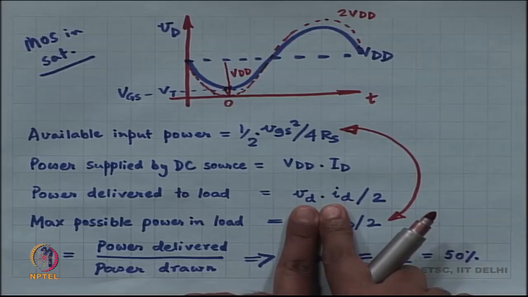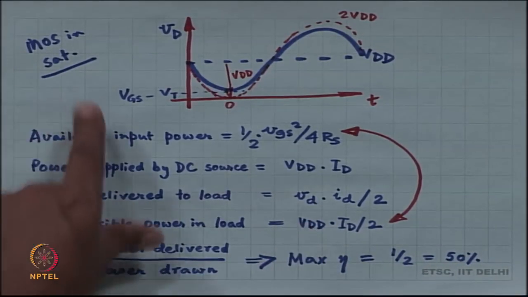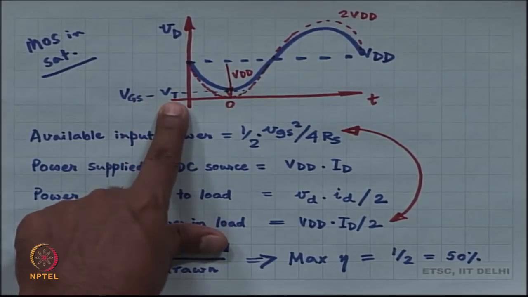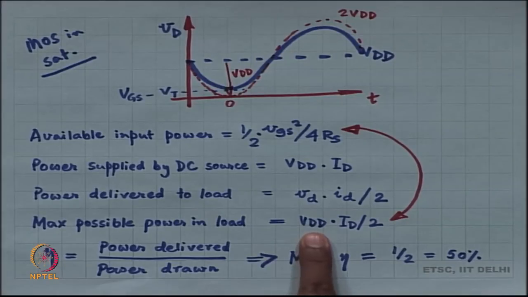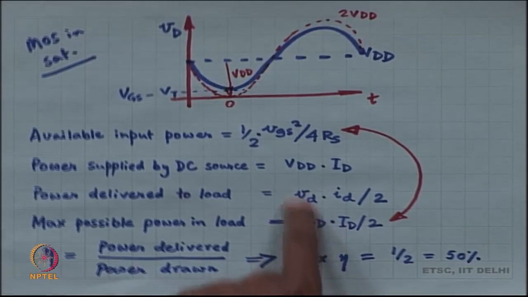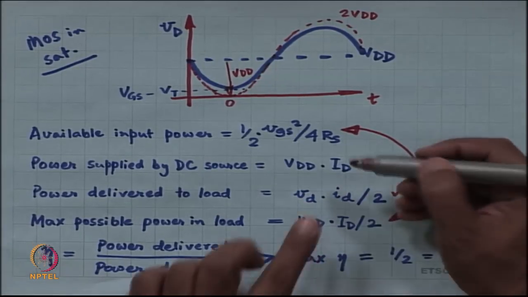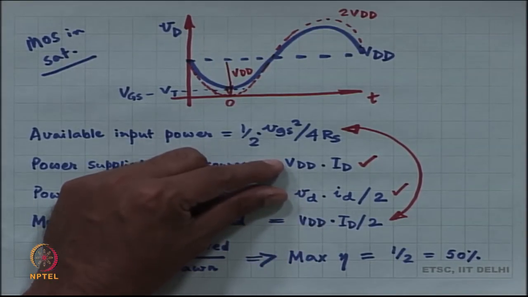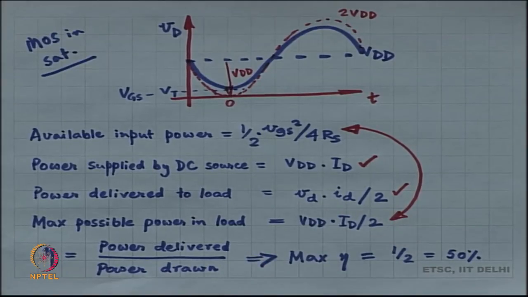When I say that maybe the largest amplitude of small vd is VDD, then I make an assumption that the MOSFET is in saturation and the smallest voltage that you can tolerate is 0. Otherwise, this is always correct, no matter what. There is no assumption in this also, right. These two are assumption free. Given the circuit, this is always going to happen. This is always going to happen.